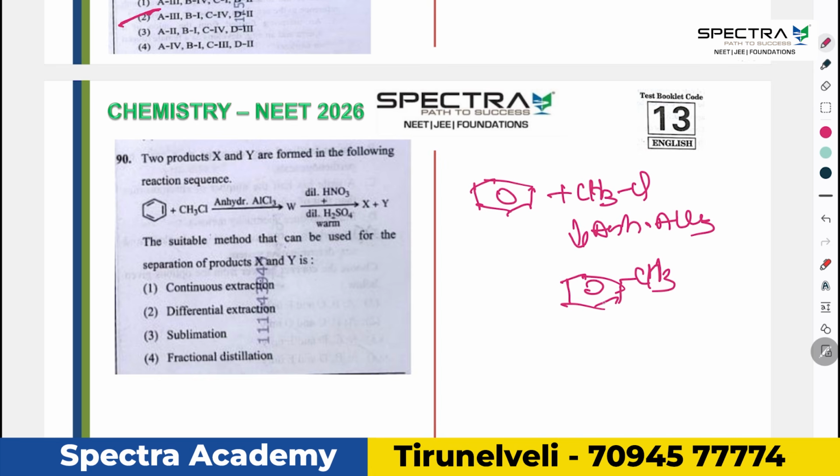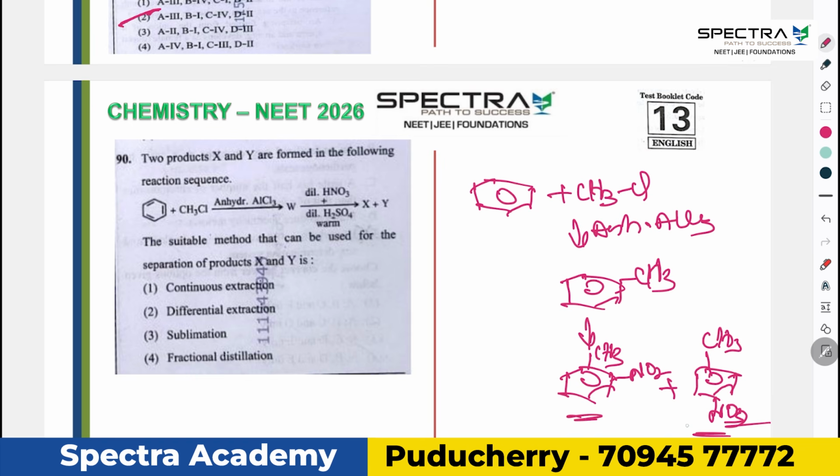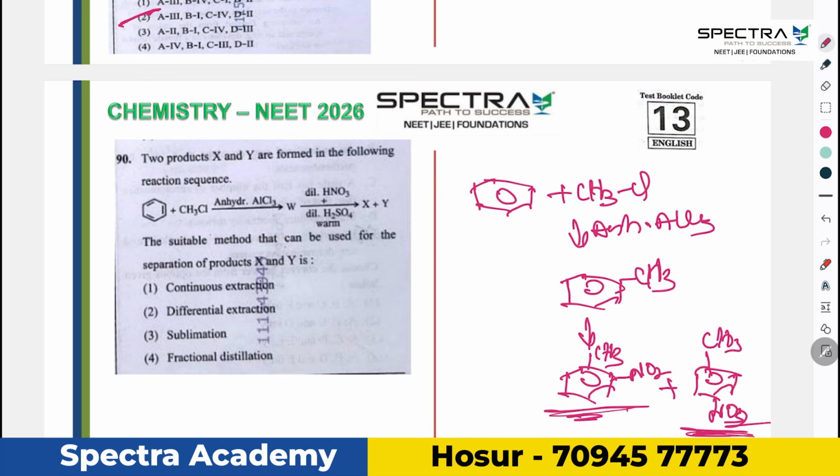Then they are treating it with HNO3 and H2SO4, that will form orthonitrotoluene and paranitrotoluene, a mixture of both. These two can be separated very easily by fractional distillation.